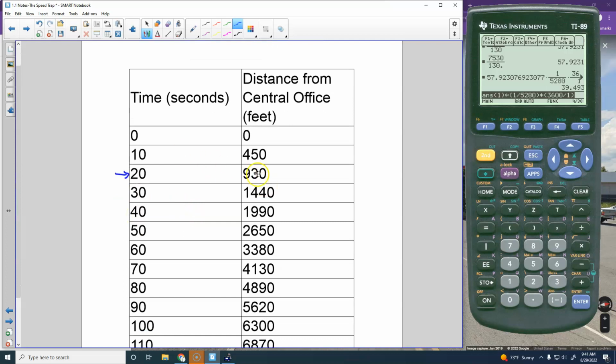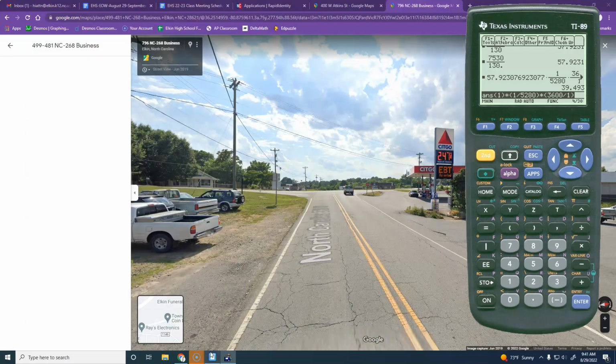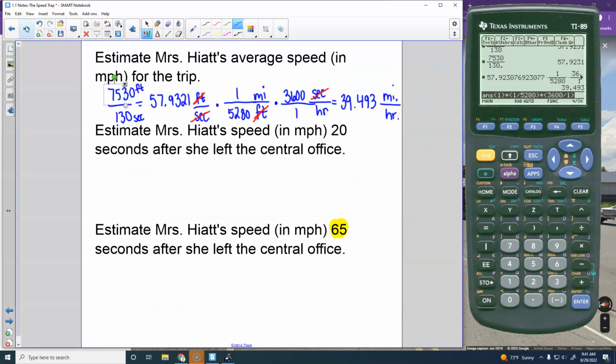So if I find the 20 to 30, at 30 I had gone 1440. And then at 20, it was 930. And then here, it was just 30 minus 20.